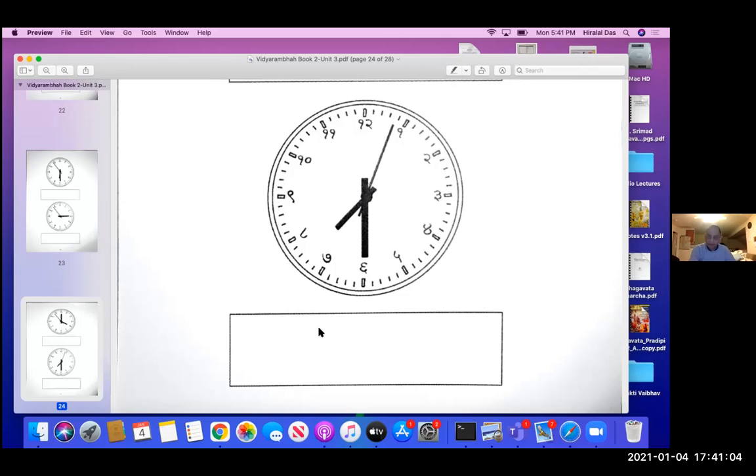Go ahead. Sardha is fine. The long hand is 6. Sardha. What is this number after 6? Sapta. Okay, Sardha Saptavadanam. Very good. So you all need to practice more. We may be practicing this tomorrow also.